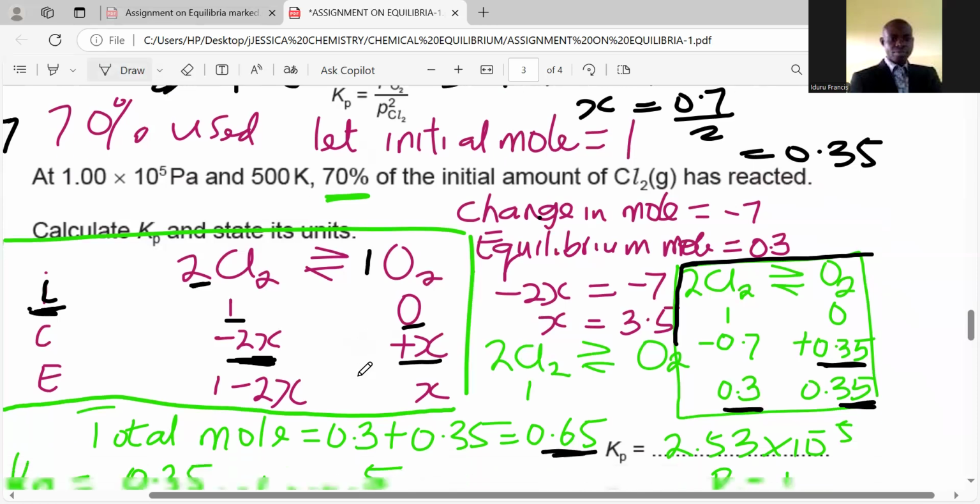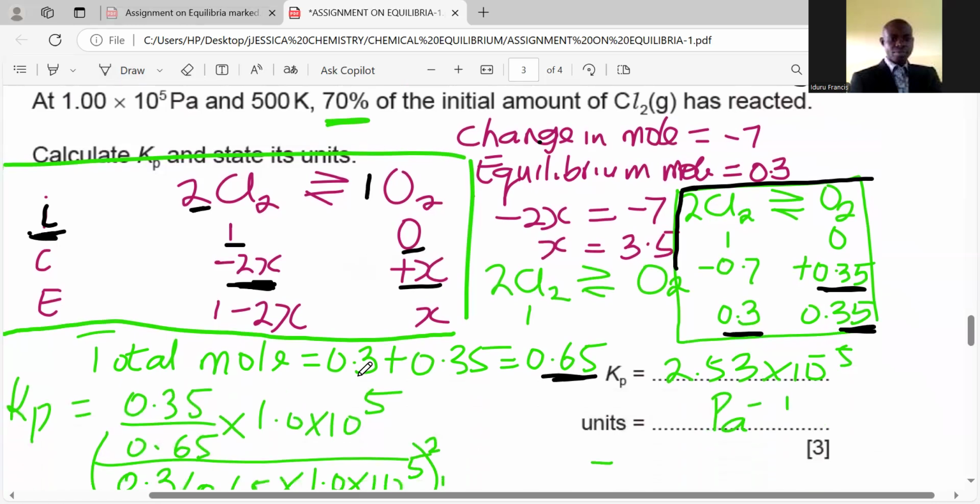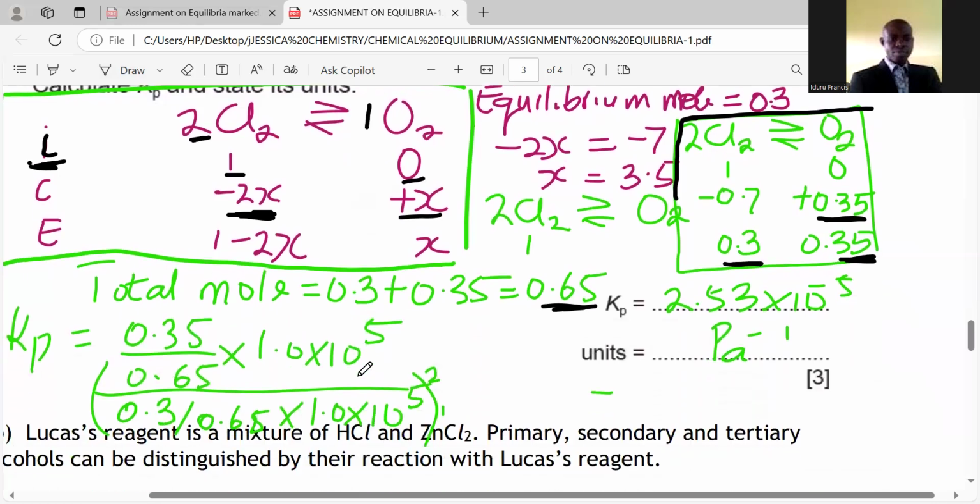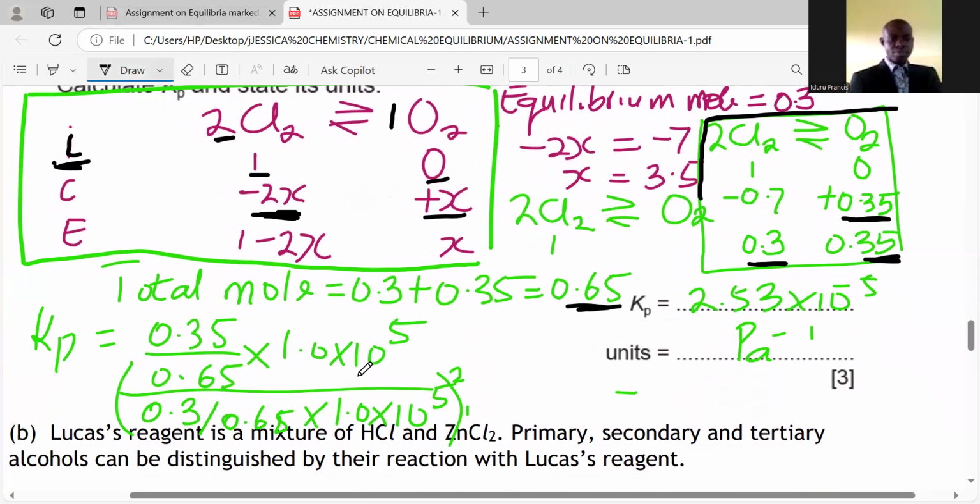Now, coming to the question, we have to find Kp. So our Kp will be the mole fraction of the product times the total pressure, because that one is just raised to power 1, from the formula given to us.